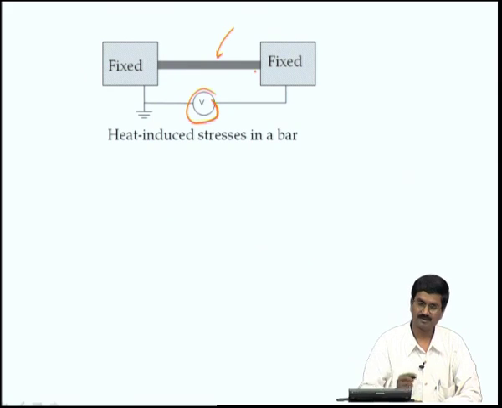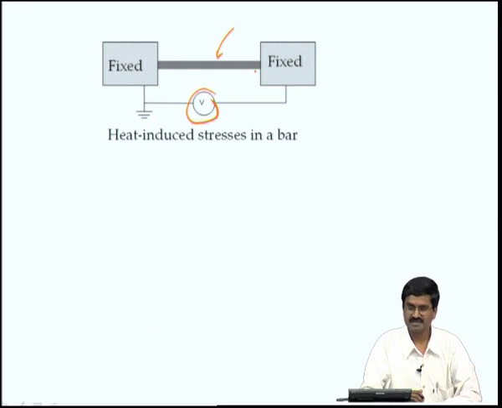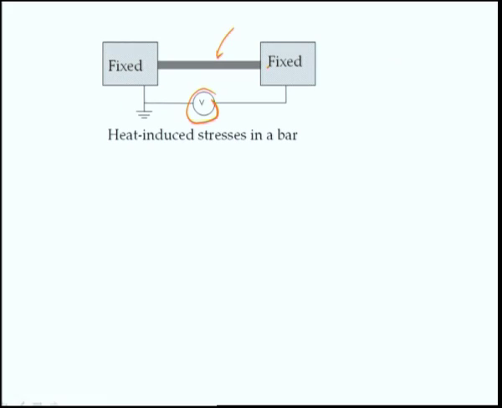If you have current going through that, it causes heating, and that heat naturally makes its temperature go up. When the temperature of something goes up, it usually would expand. So, this bar here would want to expand.